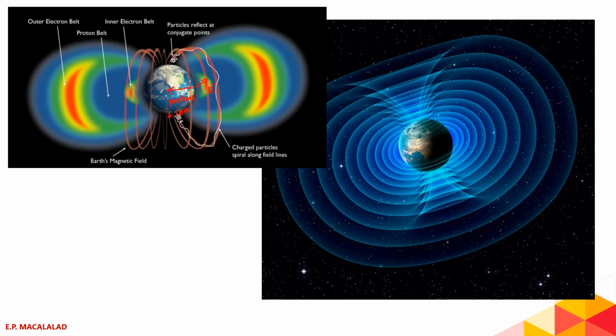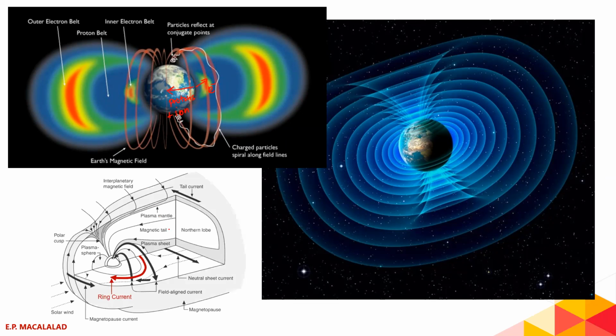If positive charges move westward, we actually call that the ring current. So this ring current is actually a result of that curvature drift of your protons or your positive ions in the space environment near the Earth. So that's one of the current systems present in the Earth's magnetosphere.